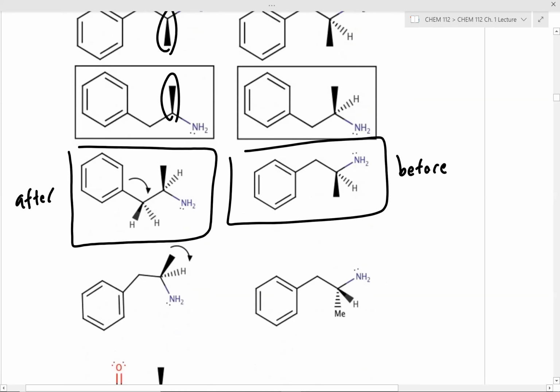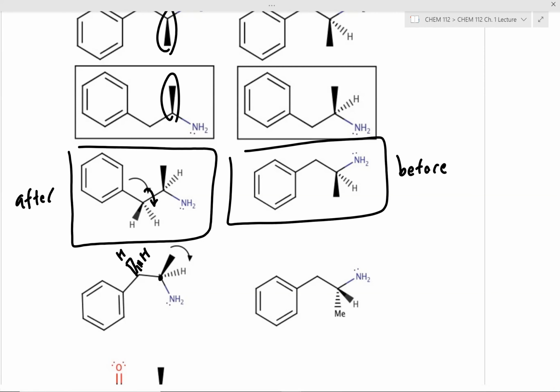So if you first rotate your carbon-carbon bond to move this benzyl group towards the bottom, we're next going to rotate our substituents on the stereogenic carbon, and we're going to exchange the relative position of our substituents.